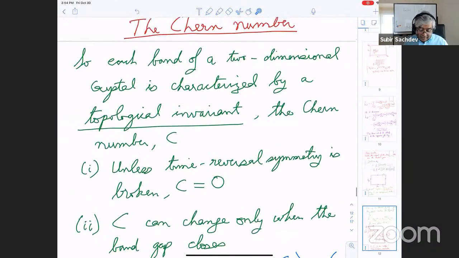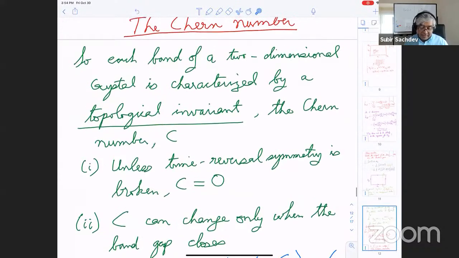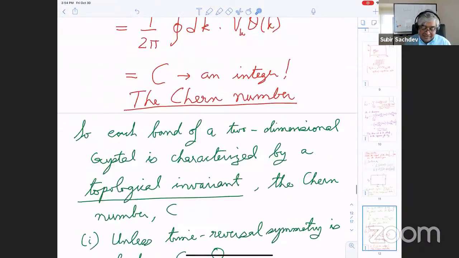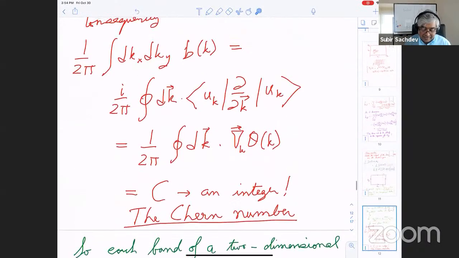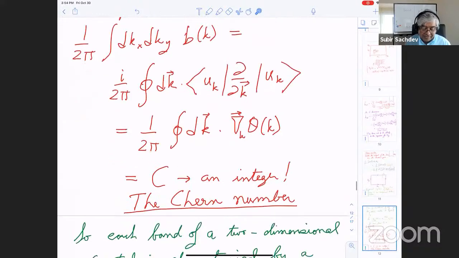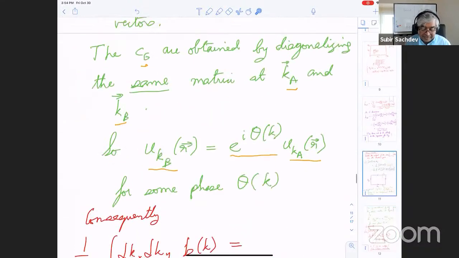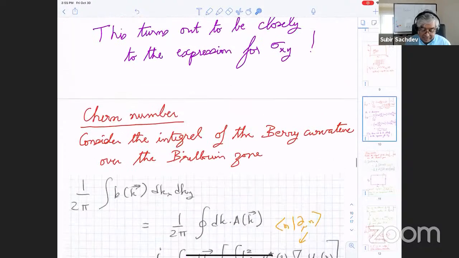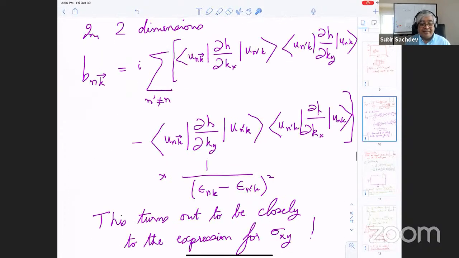All right, so let's talk about this. Now of course, we want to compute this. It's not easy. If you wanted to actually compute the Chern number, we've proven it's an integer, but to actually compute it, we would have to go back and put this whole mess on a computer and integrate it over the Brillouin zone.